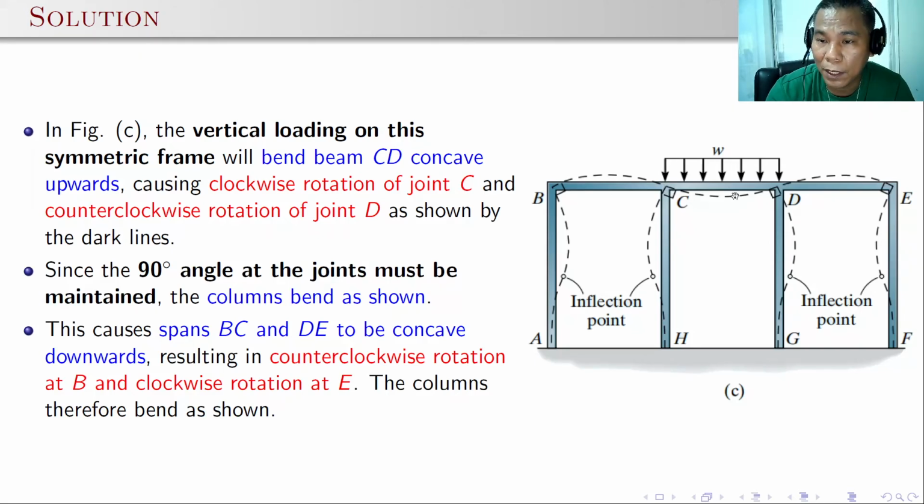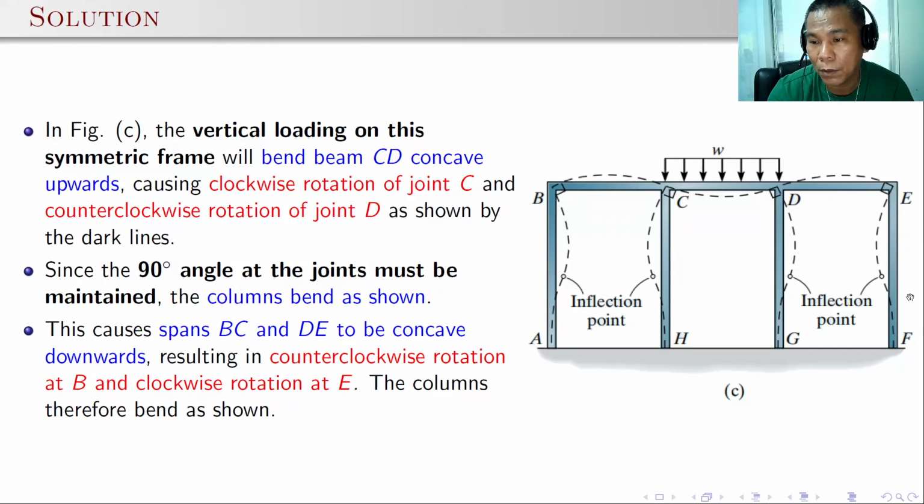And to maintain the rigidity of the joints, this is 90 degrees, 90 degrees, then the adjacent spans BC and DE will have a concave downward elastic curve. And since again you need to maintain the rigidity of this joint B, it should be 90 degrees. Since this is concave downward, then there will be rotations here also, that is concave upward and concave downward, so that there will be an inflection point here.